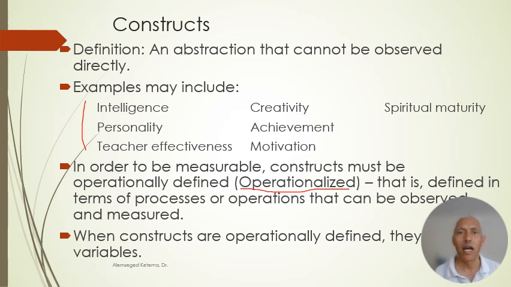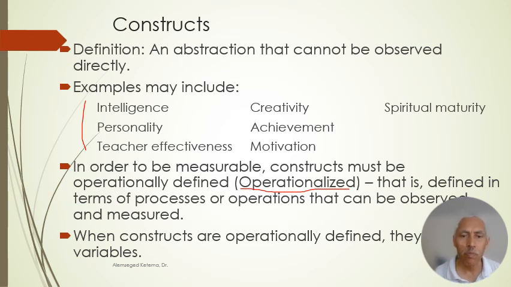All of these are constructs, and you need to be able to state them in such a way that they become measurable, meaning they should be operationalized. That is, defined in terms of processes or operations that can be observed and measured. And we have seen some examples of it when we looked at transformative learning.